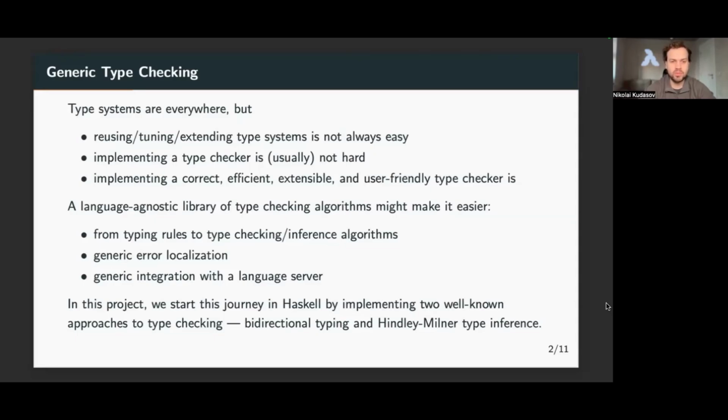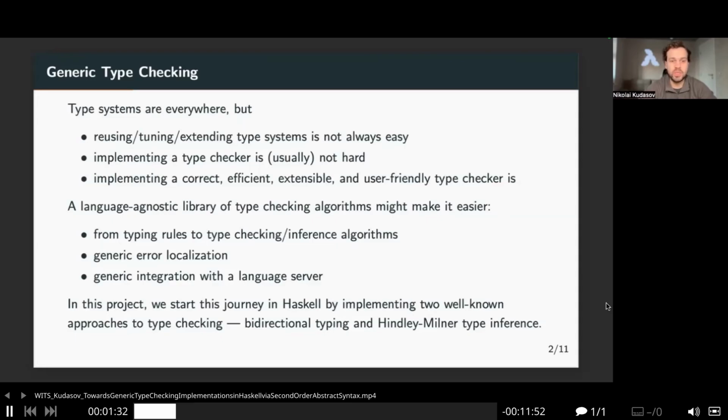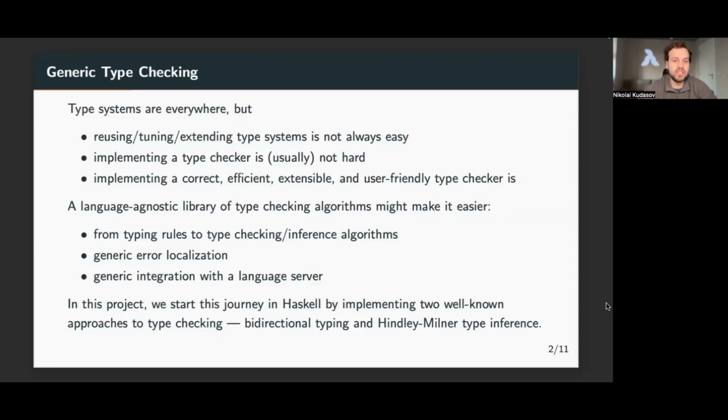A generic and modular implementation of type checkers may lower the entry barrier and make different type system ideas more accessible. A language agnostic type checking library could, in theory, incorporate many of the best practices and make it easier to experiment with the typing rules, get decent error messages, error localization and recovery, and perhaps even get a nice integration with things like language servers to automatically enable features like showing type on hover or providing type context for the current cursor position.